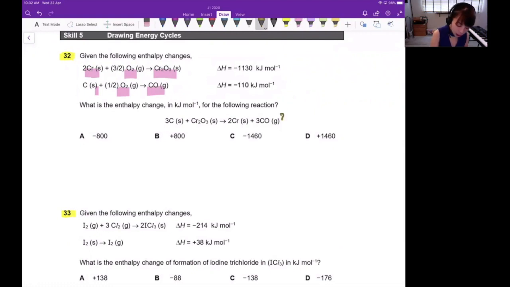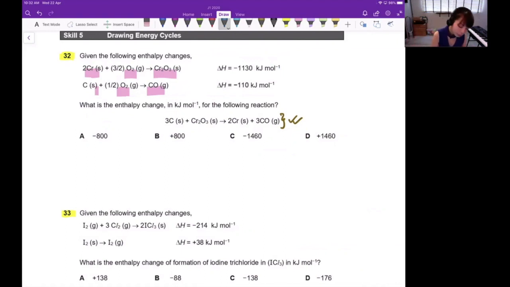Can you see that this is the equation that connects all of the species, be it carbon, chromium oxide, chromium and carbon monoxide? So this should be the main equation that should be horizontal. The other equations should be pointing in other directions, written in other forms, whether pointing down or pointing across.